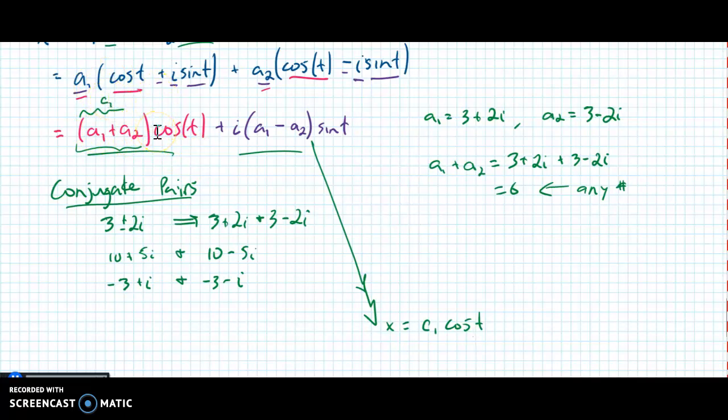Now, let's look at what I get for this piece right here. Well, if I take, and I'm using these same conjugate pairs, i times a1 minus a2, well, that gives me i times 3 plus 2i, and then minus 3 plus 2i.